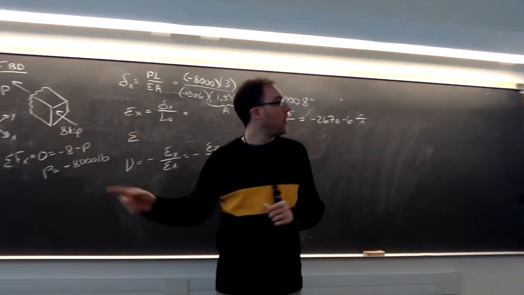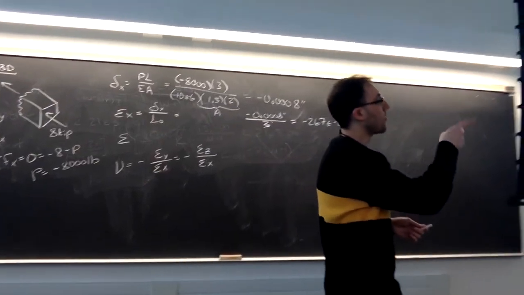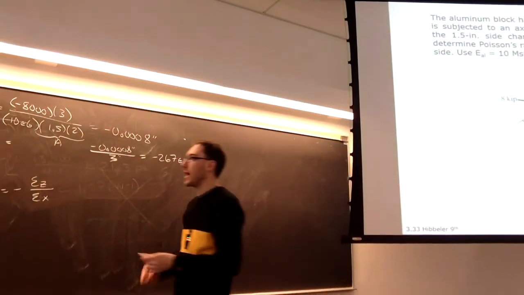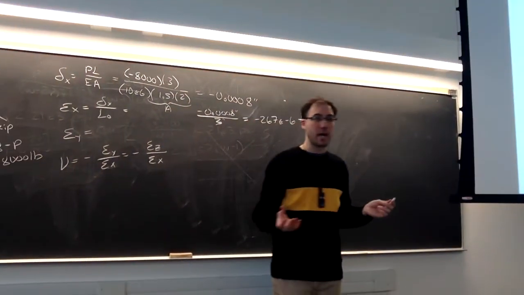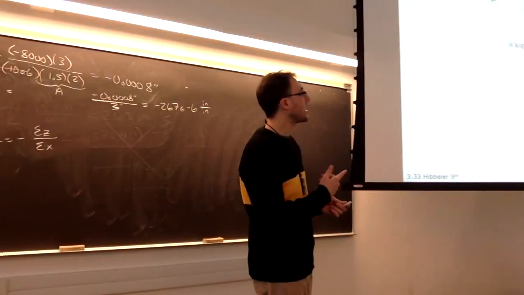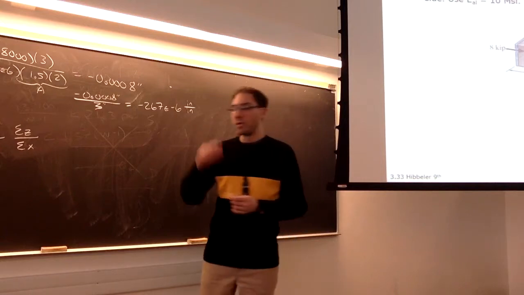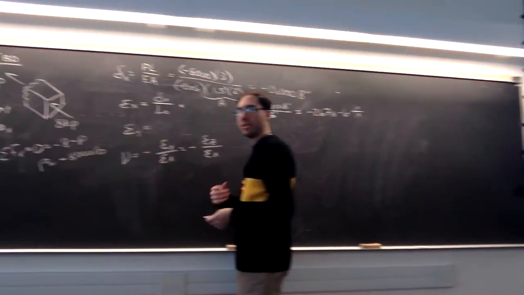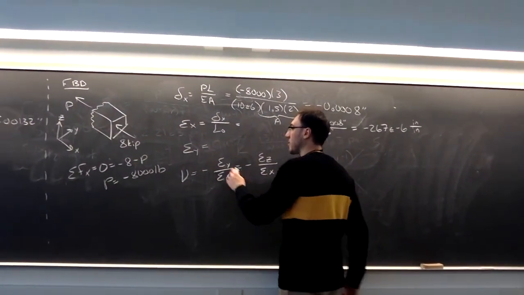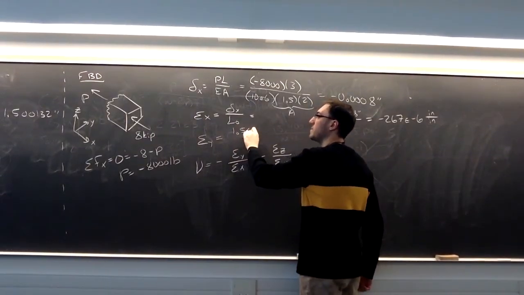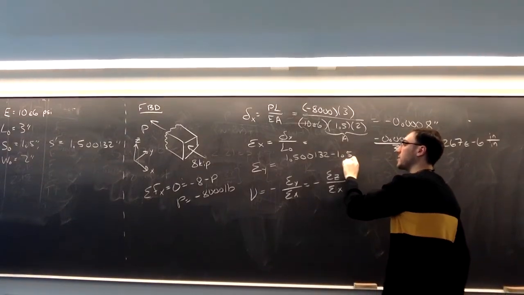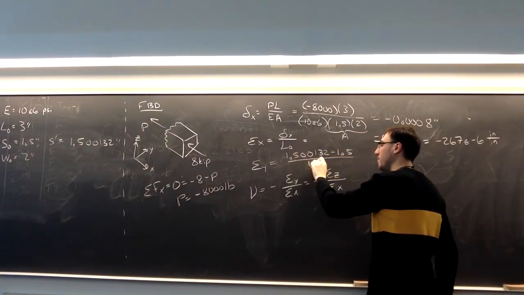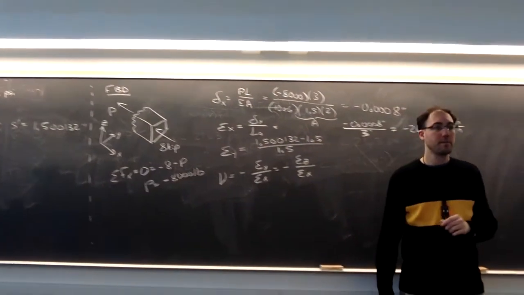What I'm calling the y direction, which is the 1.5 inch direction, I can calculate because I'm told the loaded length of it, and I know the gauge length of it. So I can calculate the change in length, which is the current length minus the gauge length: 1.500132 minus its gauge length of 1.5, over its gauge length.